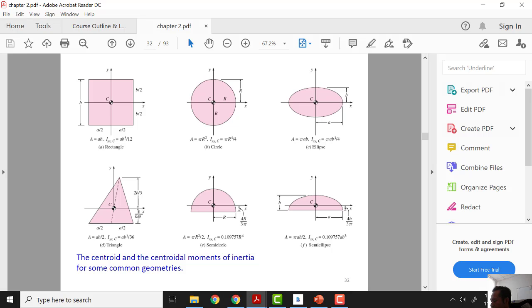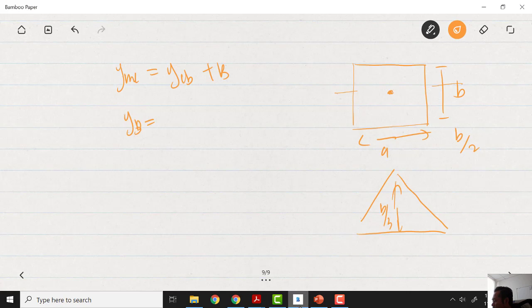And then the center of body of the semicircle is 4R over 3 pi. And then we have another one. Alright, so you need to know what kind of shape is involved, and then we need to know how to find the center of body.